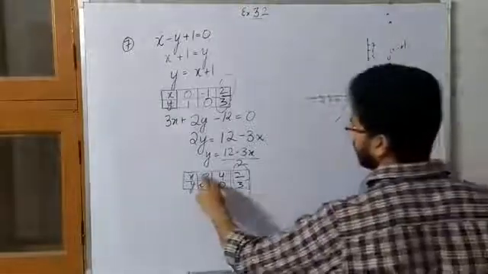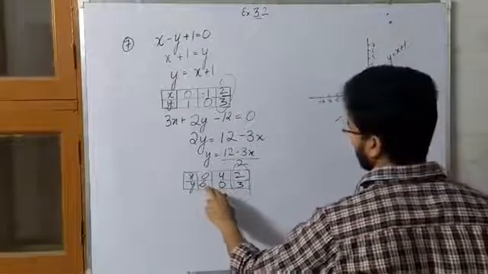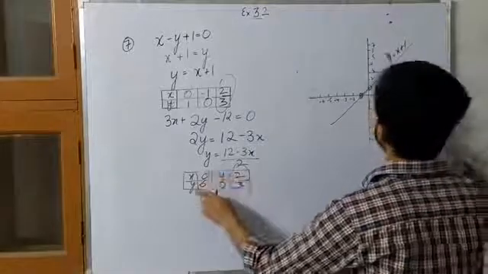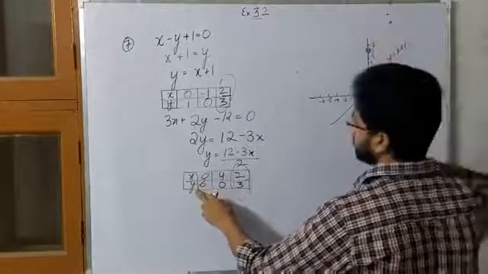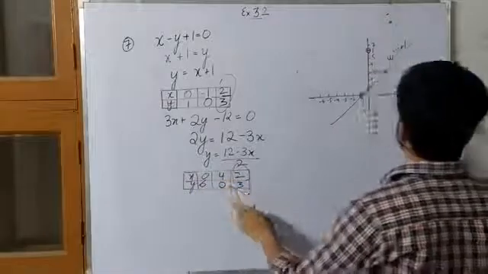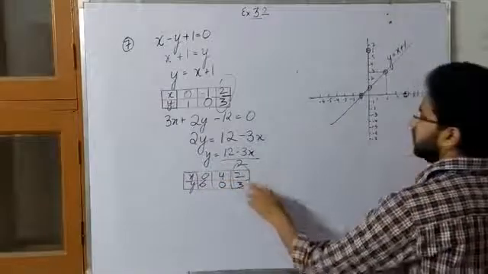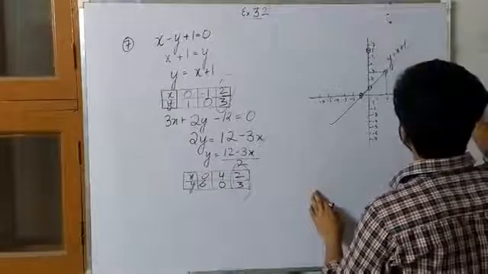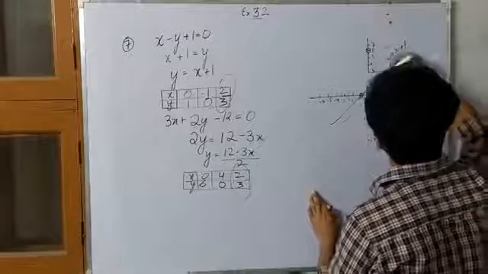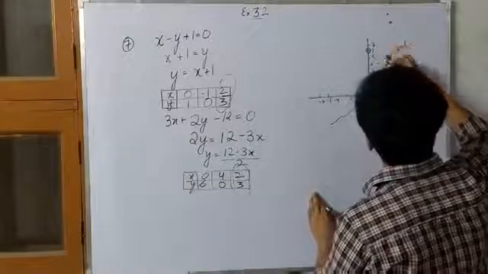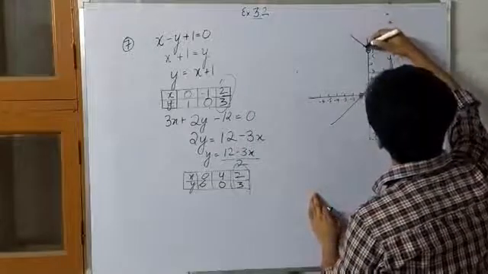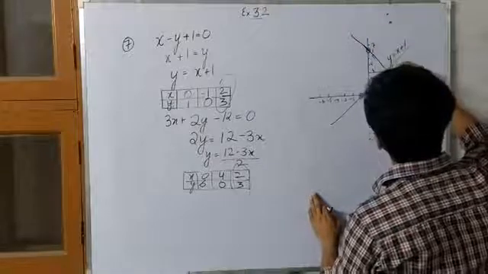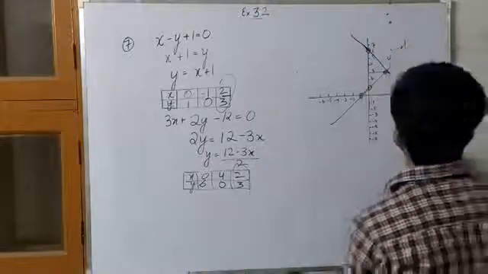Coming on to this point, the first point is 0, 6, so x is 0 and y is 6, which means this point will be on the y axis. And 4, 0 means this point will be on the x axis, and 2, 3 is already this point. So you join these points and you will get a straight line.